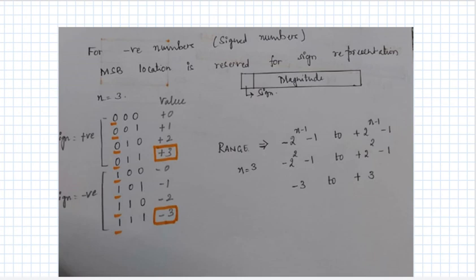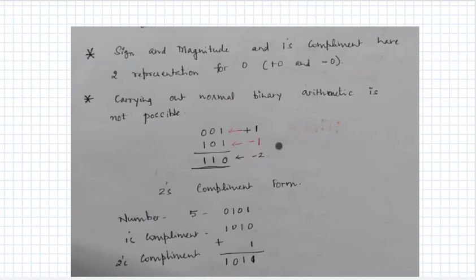So +1 -1, I should get the answer as 0. However, when I perform this arithmetic, I will not get 0. I will get -2. The result will not come out appropriate.